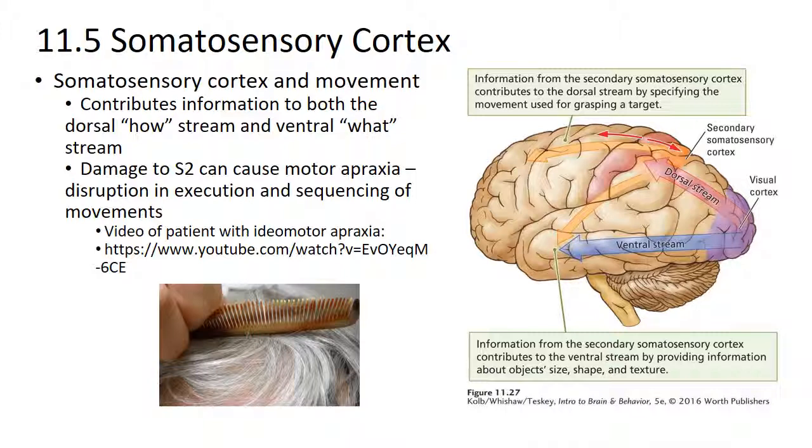And in the picture here, you can see somebody with motor apraxia trying to comb their hair, and they can do the rough movements, but they don't have that sensory feedback, so the comb is flipped over and they're not able to do everything correctly.